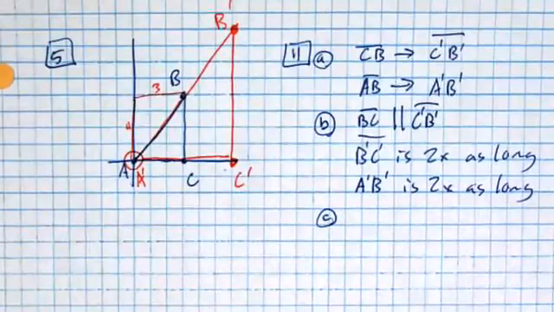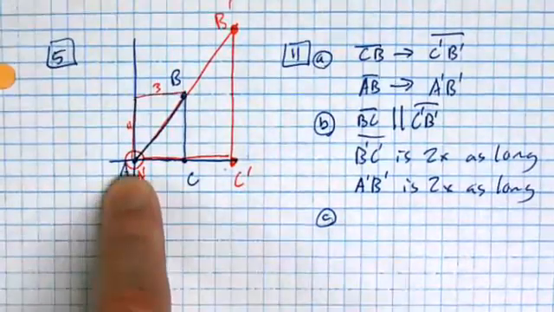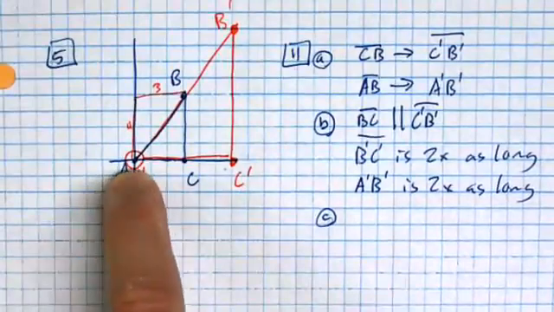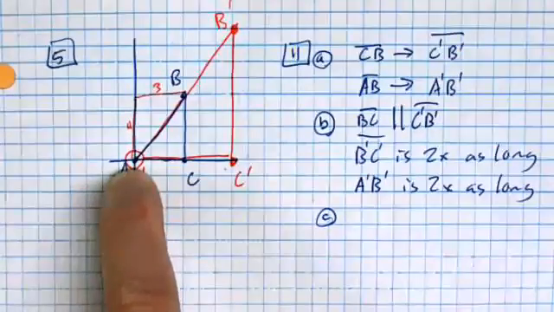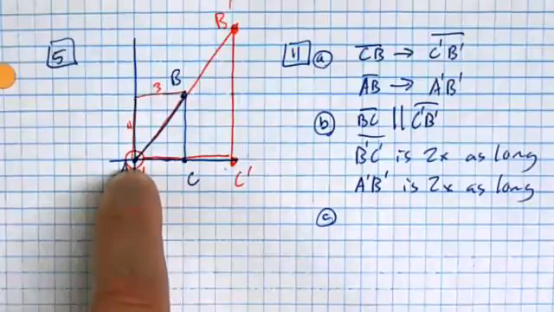Because we're starting at the origin. It's really hard to put it in words, isn't it? We started at the origin, so AB and AC are going to overlap.